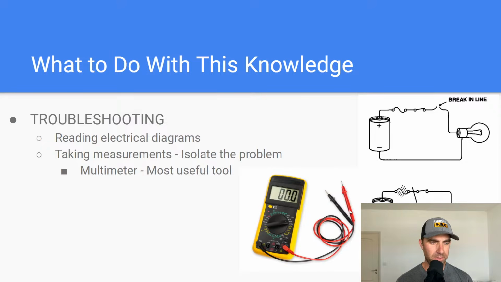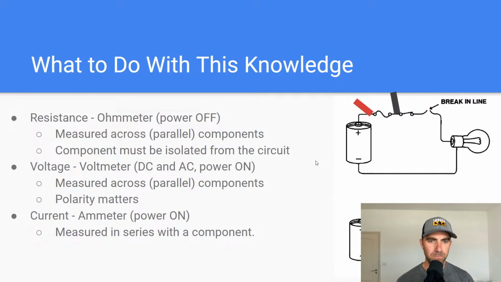I don't know if I said the leads are these black and red cables that connect to the multimeter, and there are little metallic probes at the end to tap into the electrical system that you're working on. So anyway, aircraft power needs to be off, and then you're going to measure across electrical components, also known as in parallel.